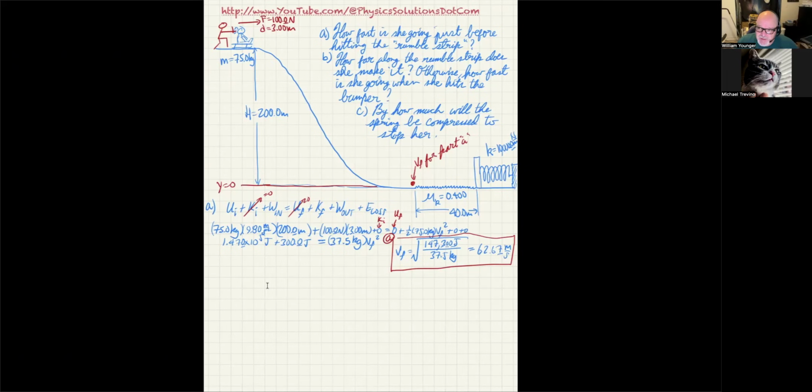So let's take a second and realize that the left-hand side is the total energy, and that's equal to 147,300 joules. That's the total energy.